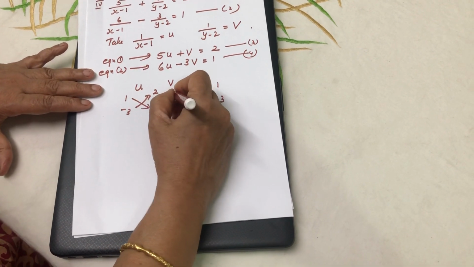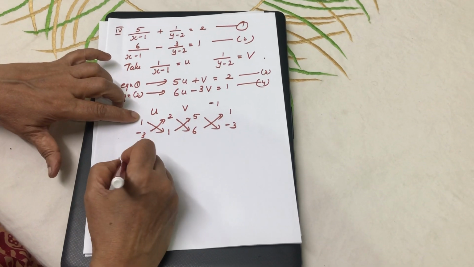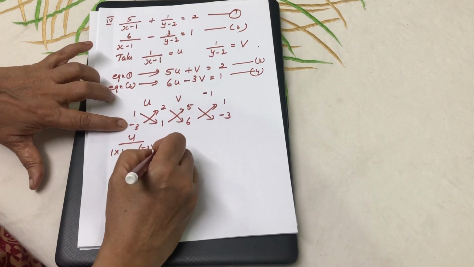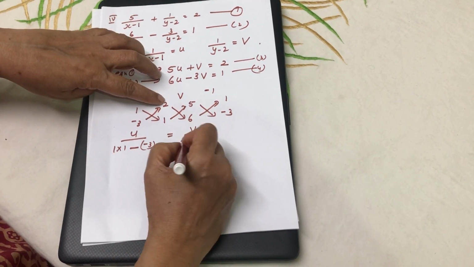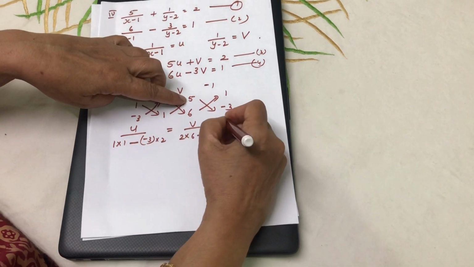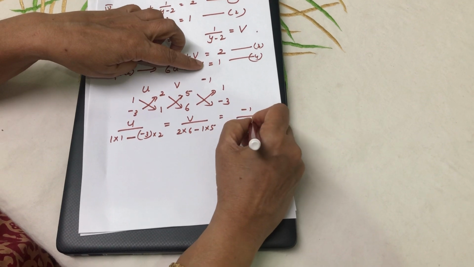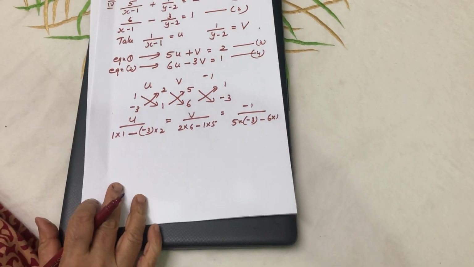You put the arrows. u by 1 into 1 minus 3 into 2, equal to v by 2 into 6 minus 1 into 5, equals minus 1 by 5 into minus 3 minus 6 into 1.